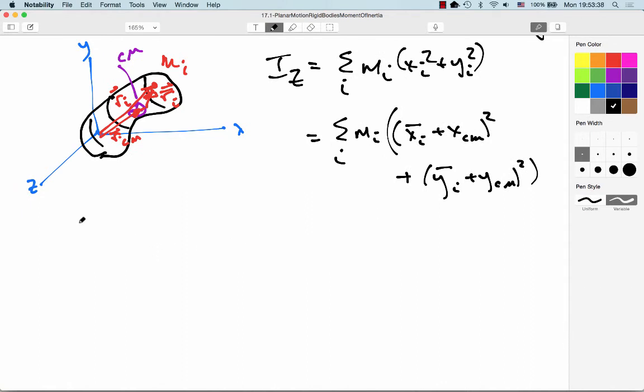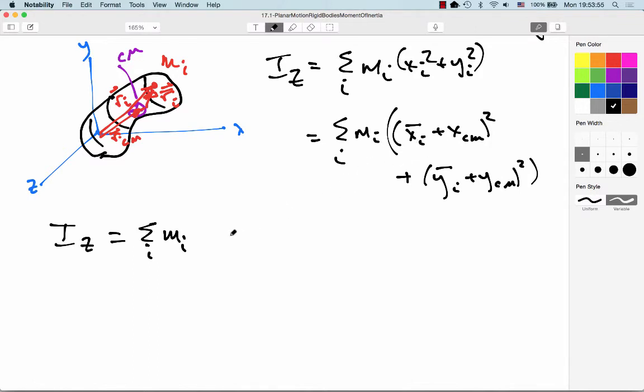We can expand those squares out further, with four terms, and I'll write the sum over i, mi for each of the four.